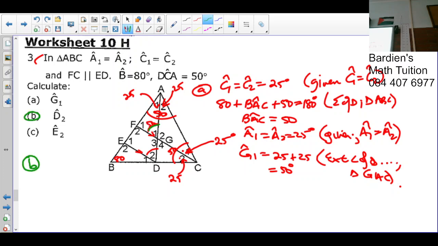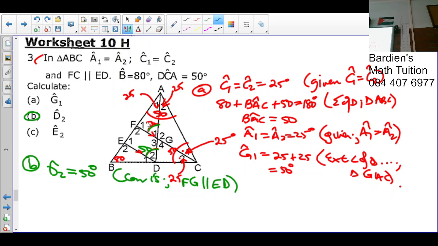But we already indicated that G1 and D2 are equal. Why is D2 50 degrees? Corresponding angles, with FG or FC being parallel to ED. Again, when you use corresponding or alternate criteria, you must say which lines are parallel. So here's 50 degrees here.